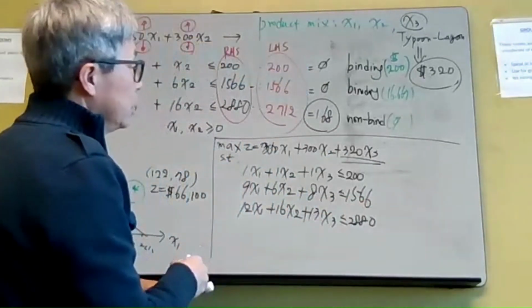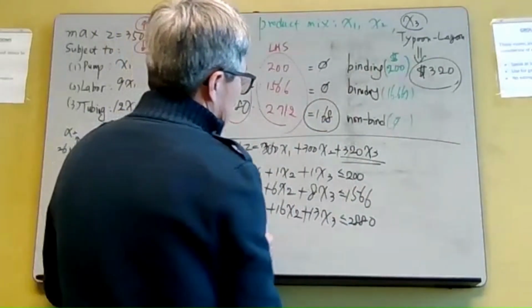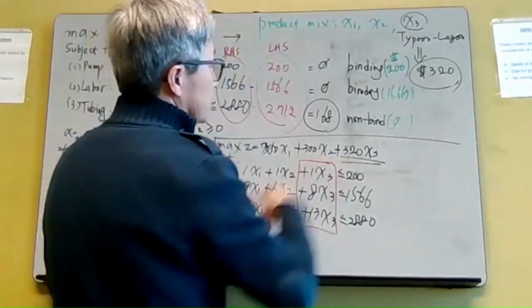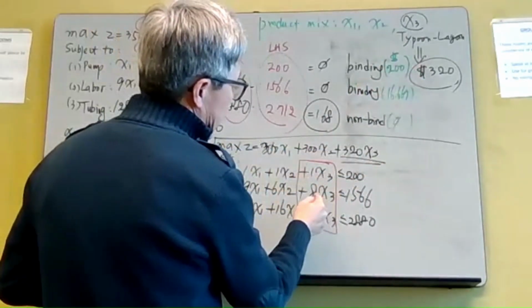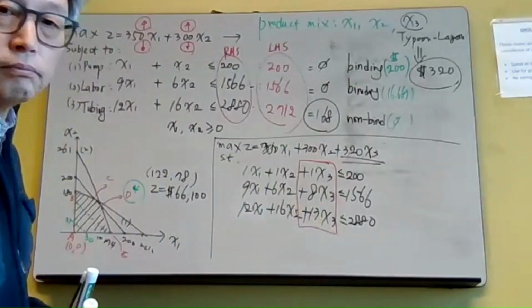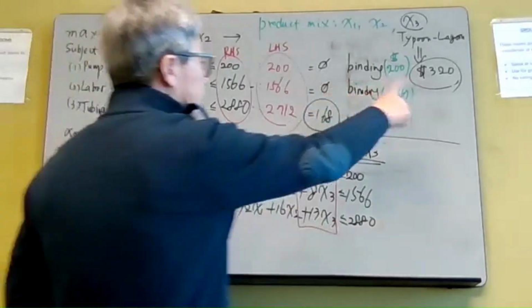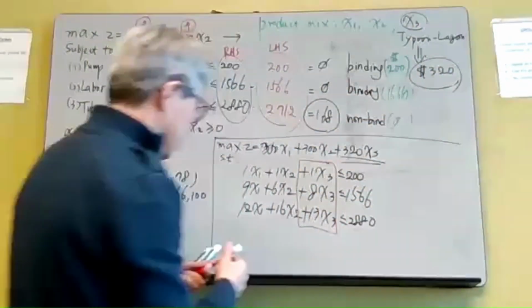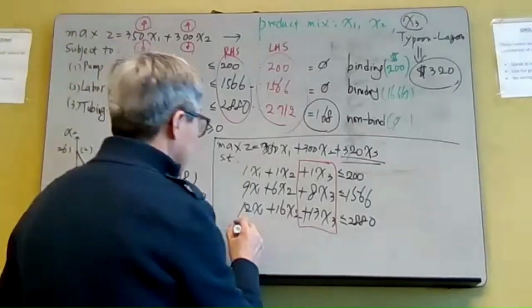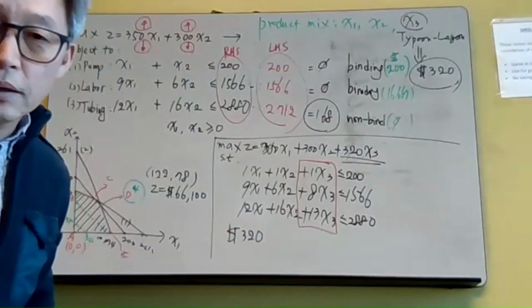Now we introduce a new product, so we need these resources to produce Typhoon Lagoon: 1 pump, 8 labor hours, 13 feet of tubing. So if we produce 1 Typhoon Lagoon, that's 320, right?